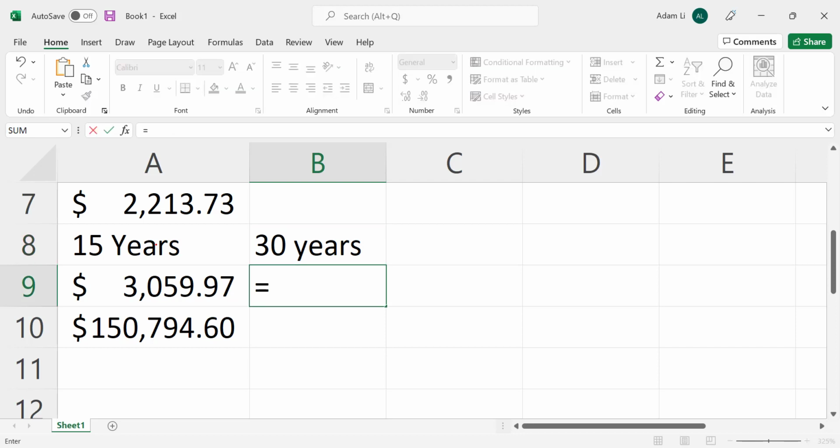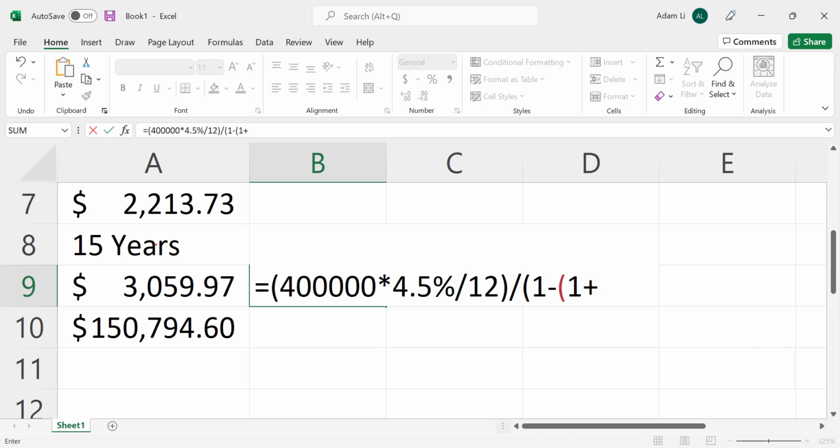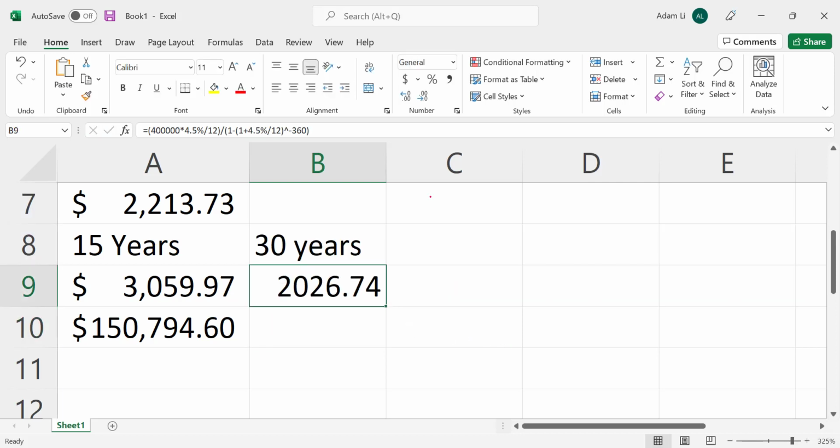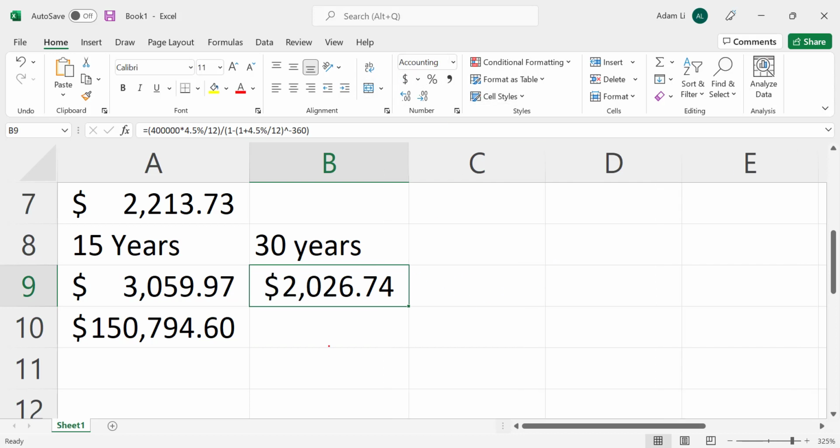For 30 years, first of all, let's calculate the monthly payments. 400,000 multiplied by 4.5% divided by 12, and then divide by 1 minus 1 plus 4.5% by 12, raised to negative 360 power, and that should do it. The answer you get is $2,026 and 74 cents.